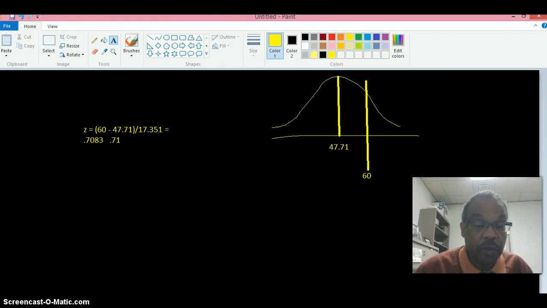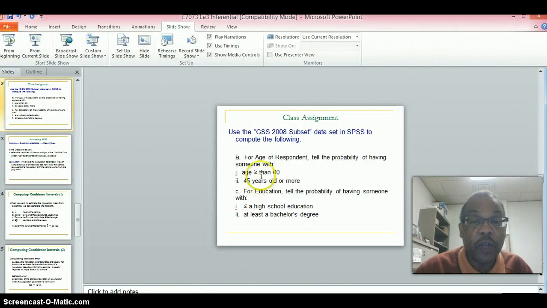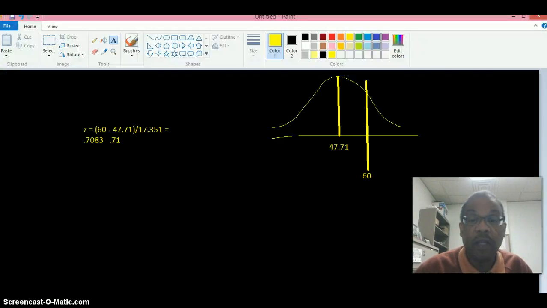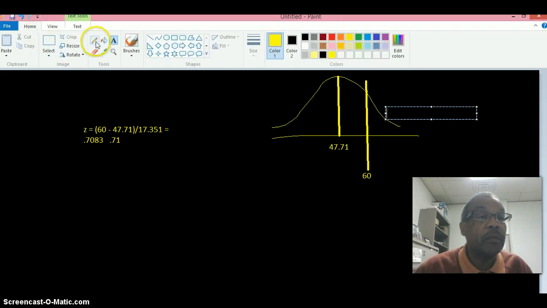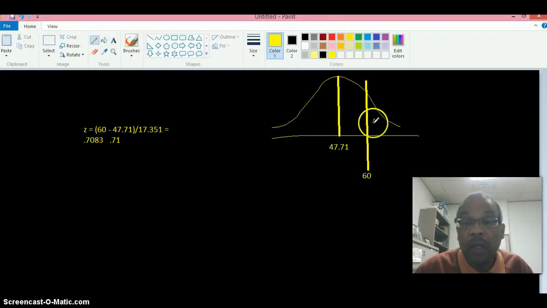And back to the question, it asks us for greater than 60, so it would be in this area here.